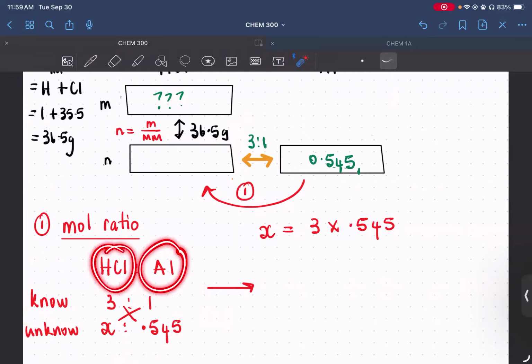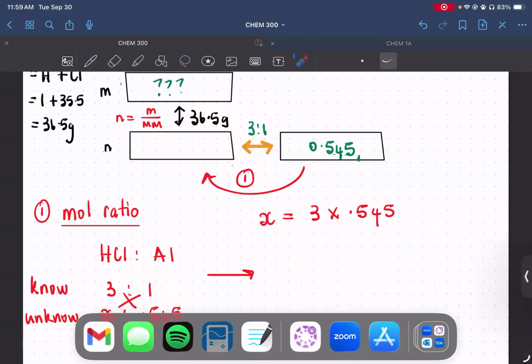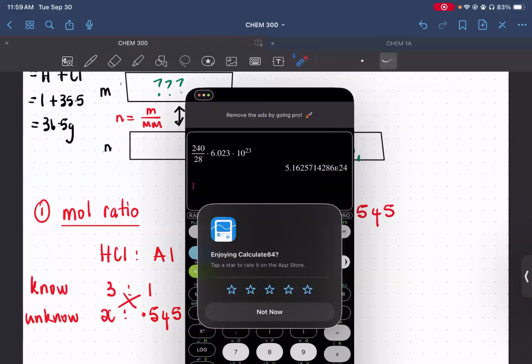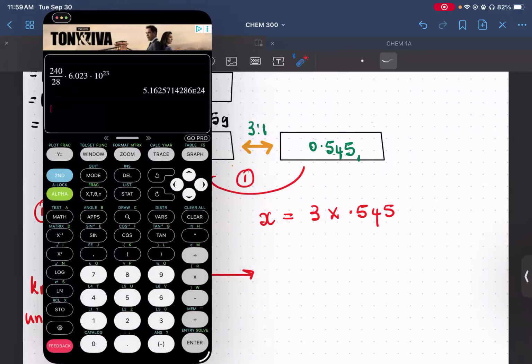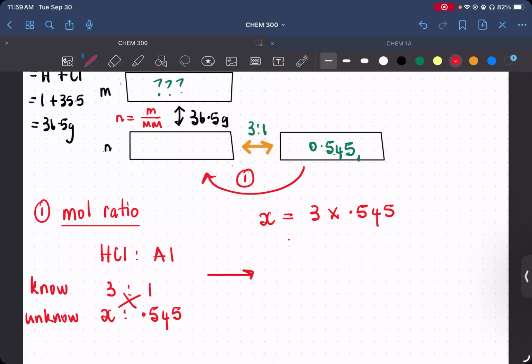Comparing two chemicals. We know the mole ratio. What we don't know are the exact numbers. Putting this into our calculator, 0.545 times 3 is roughly equal to 1.635.